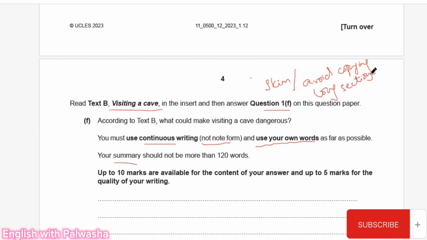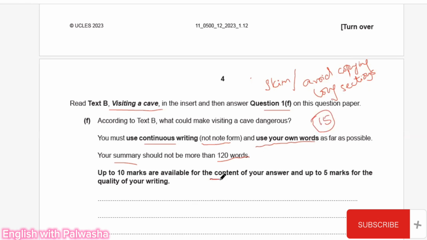Why? Because that shows the examiner that you are not able to create the summary in your own words. If they say it should not be more than 120 words, then it should not be more than that, because 10 marks are available for the content of your answer and 5 for the quality of your writing. So this whole text B is demanding a summary of 15 marks.